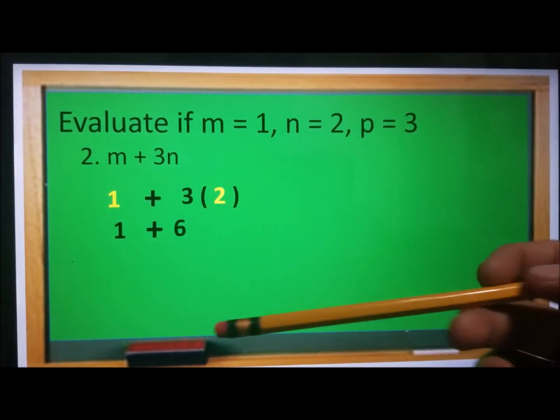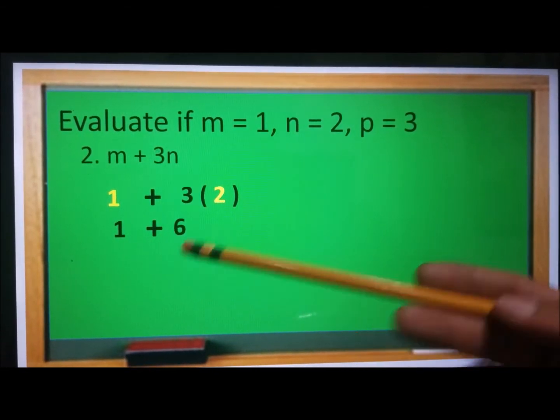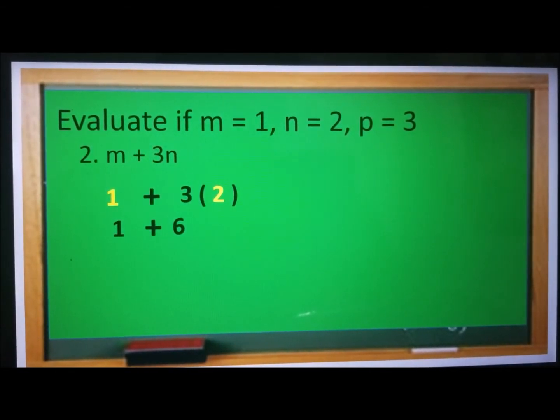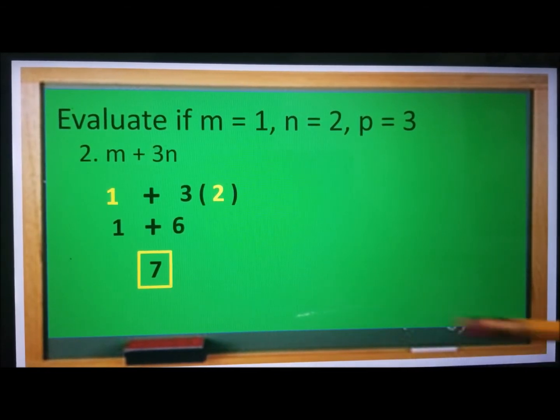And finally, we only have addition here. So let's just add the two terms. So we have 1 plus 6 is equal to 7. So when we evaluate m plus 3n, when the value of m is 1, the value of n is 2, and the value of p is 3, the resulting value would be 7.